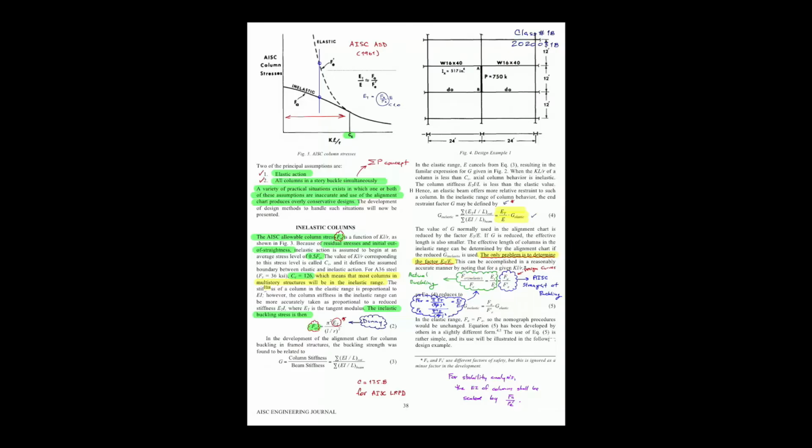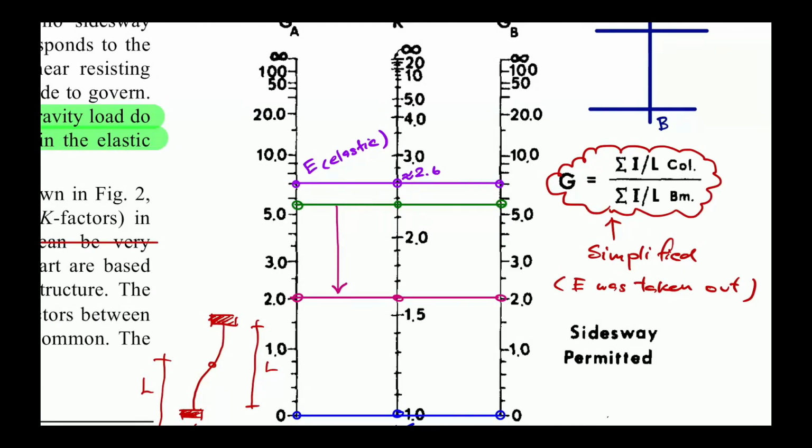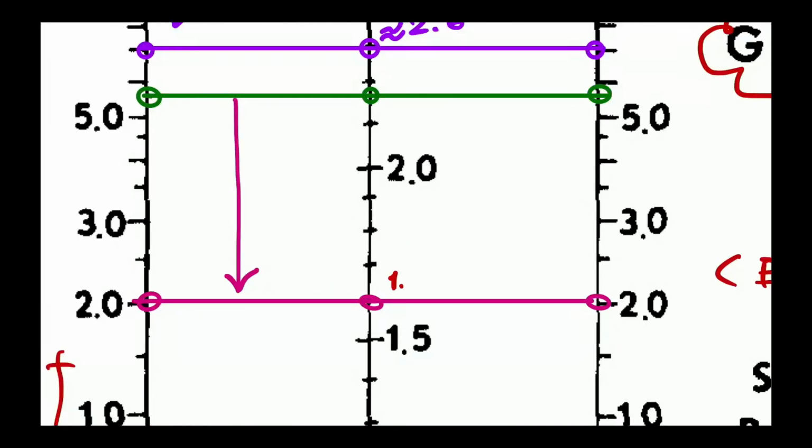You go for like 2 point something, which is this pink line. So from this 2 point just a little, you have K equals 1.6.